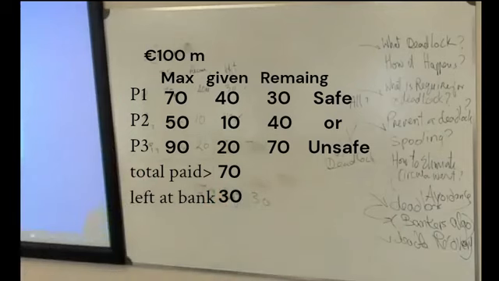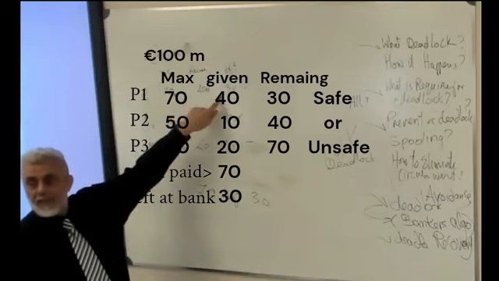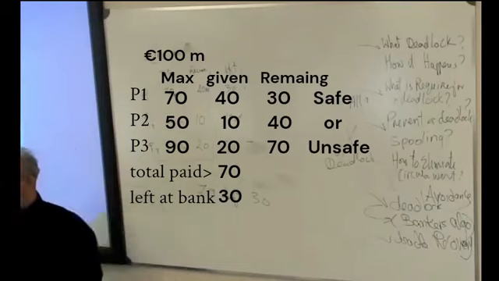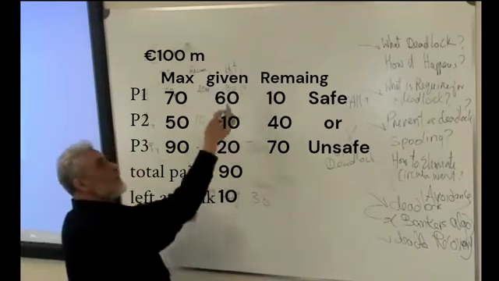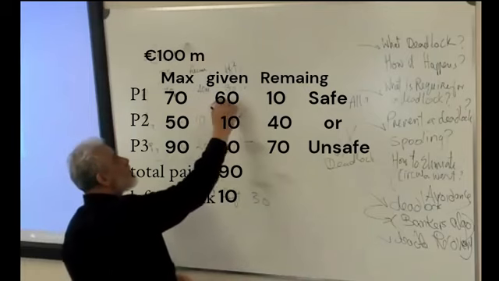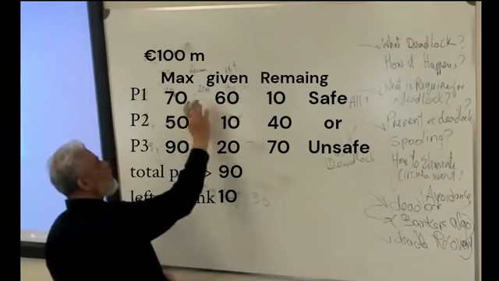Okay? But if this guy comes up and asks for 20, should we give it? Let's look. Is our system going to be safe? This guy, instead of 30, we give him 20.